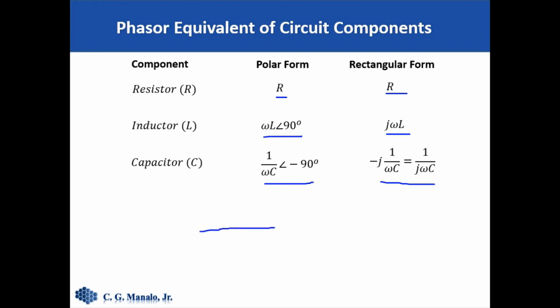For example, R would be like this one. The inductor would be directed upward, so this is omega L here, and this one is 1 over omega C, which is for the capacitor.